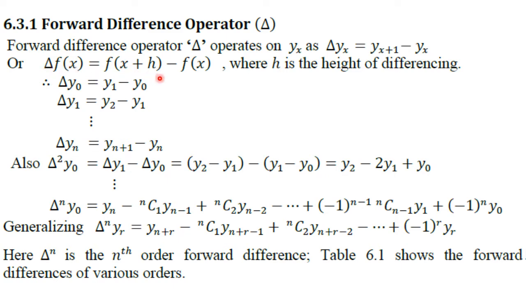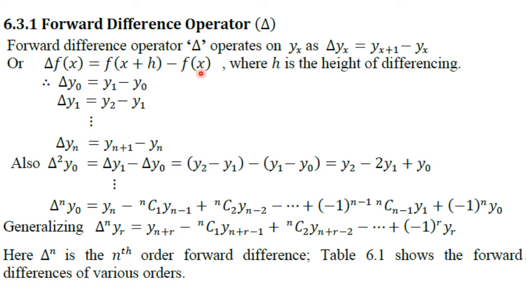Del f of x means the forward operator of f of x is equal to, see, since the word is forward, so first of all consider the next value, so f of x plus h. And then since we are seeing the difference operator, so difference from the previous value. So f of x plus h minus f of x.